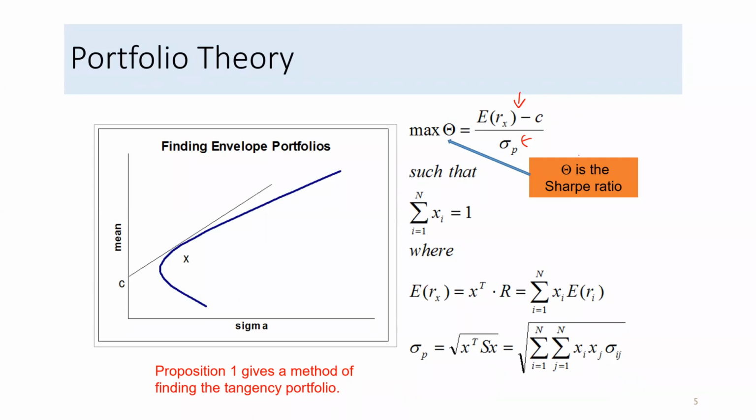This is our objective function, and this is our constraint. The constraint is x, which is given here. The average portfolio return is a function of x and the individual returns. The sum of all the weights x equals 1. And sigma is also a function of x and the variance covariance matrix, the structure of how all of these assets correlate with each other.